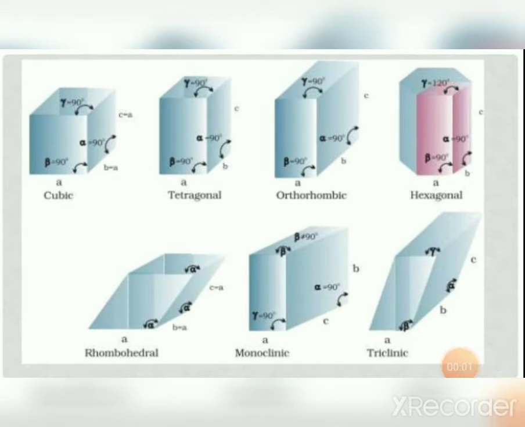There are 7 primitive unit cells and their possible variations as centered unit cells. They are cubic, tetragonal, orthorhombic, hexagonal, rhombohedral, monoclinic and triclinic. These unit cells differ either in their edge lengths or in their angles alpha, beta, gamma.